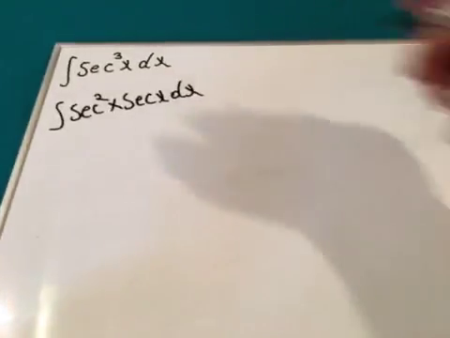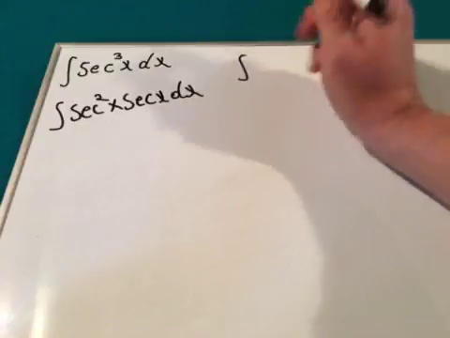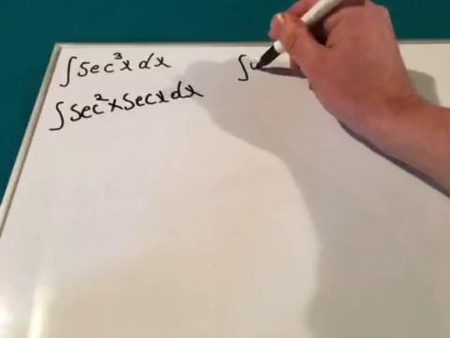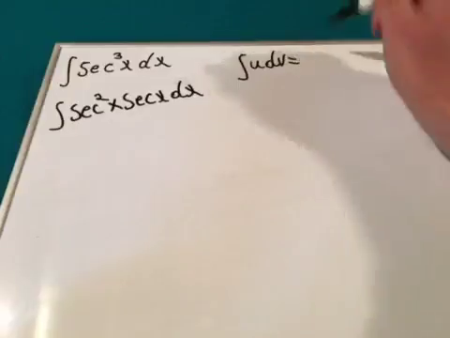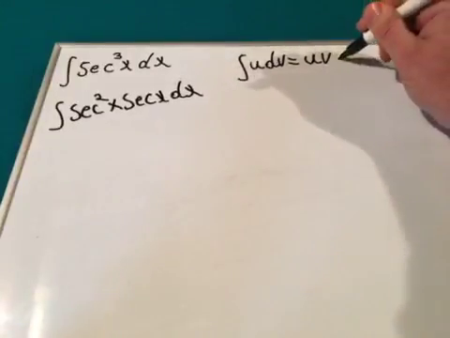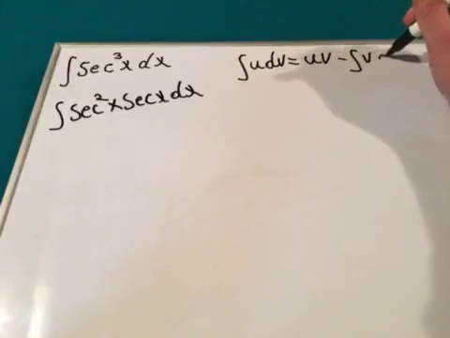Well, it's basically just a formula. And here it is. It says the integral of u dv equals u times v, so uv, minus this new integral of v du.